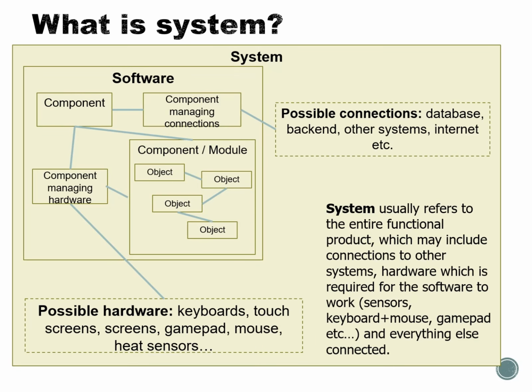So it's not only a problem that we probably don't know what the software is doing, but if we add the entire system, which includes the databases, the backend, the other systems, internet connections, keyboards, touch screens, gamepads, operating systems, virtual and execution environments, standard libraries, extended libraries, it actually means that there's no way to know what happens everywhere.